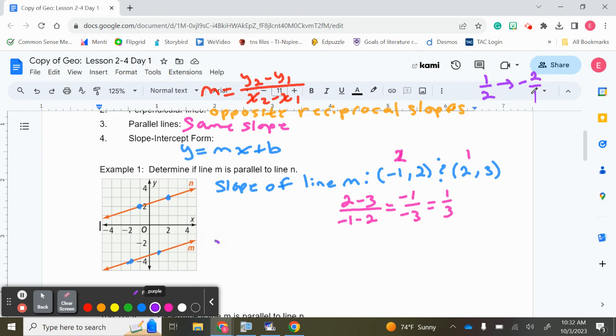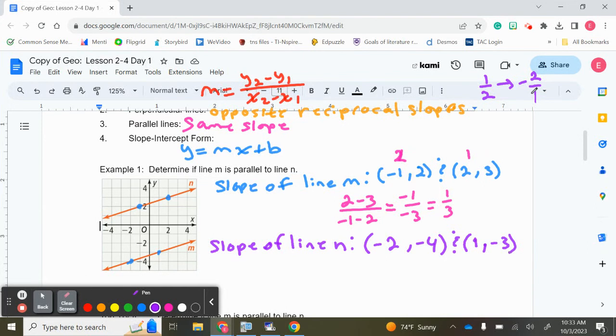All right, now we're going to find the slope of line N. The slope of line N. So I'll have -2, -4, and 1, -3.